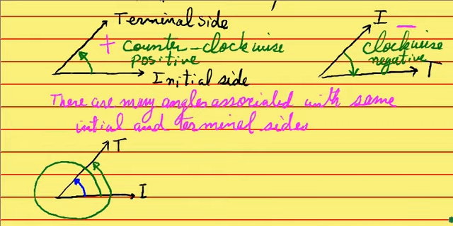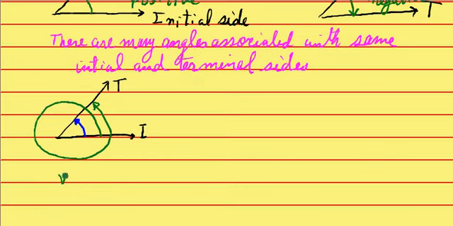That's going to be a winding number, so we are going to have a winding number indicating how many times we have gone around the origin or around the vertex. So if we are going in this direction, a winding number is going to be positive.